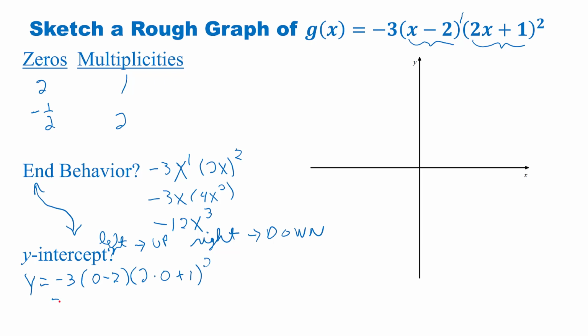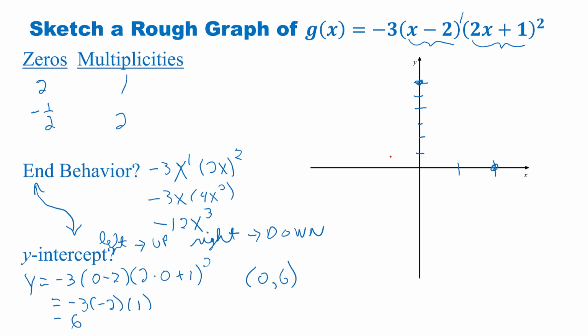And that would give us negative 3 times negative 2 times 1, it looks like. Simplifying, we end up with 6. So our y-intercept is a point on the graph 0, 6. Let's go ahead and start by plotting the y-intercept here. 0, 6. Our other intercepts are going to come from our zeros of 2.